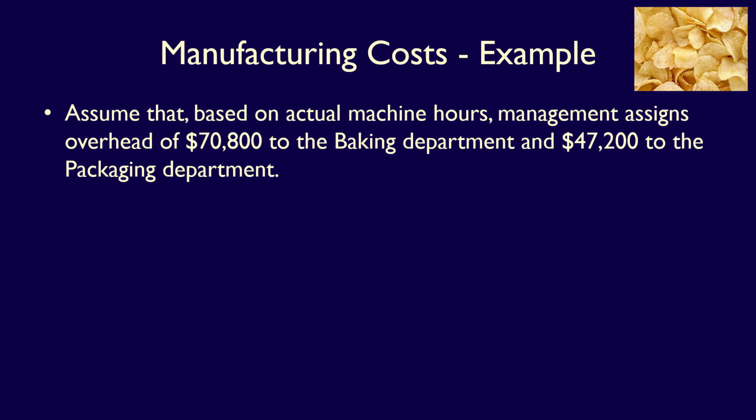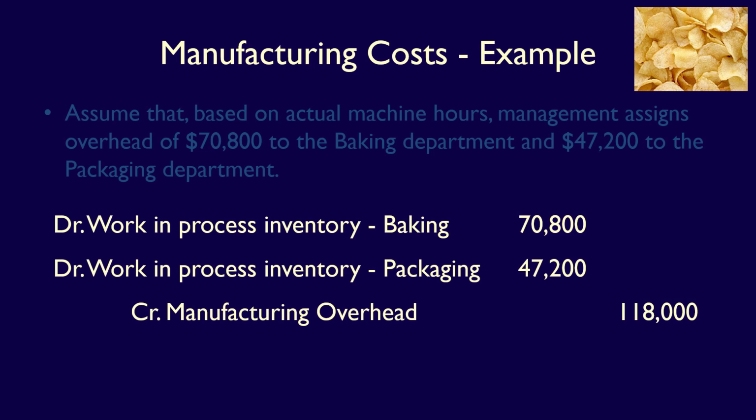Assume that, based on actual machine hours, management assigns overhead of $70,800 to the baking department and $47,200 to the packaging department. The entry to assign overhead to each of the processes would be a debit to work-in-process inventory baking, $70,800, and a debit to work-in-process inventory packaging, $47,200, and finally a credit to manufacturing overhead of $118,000.